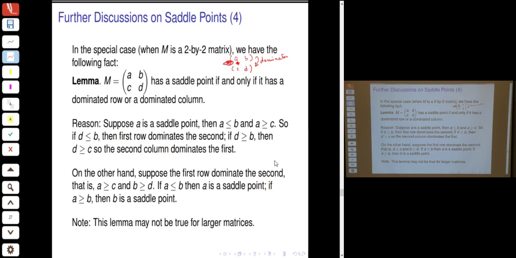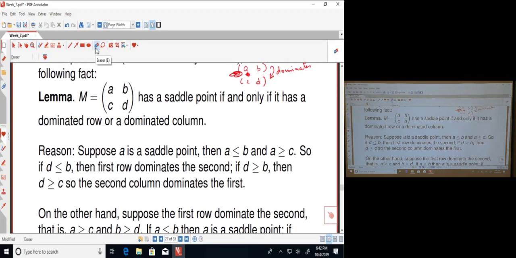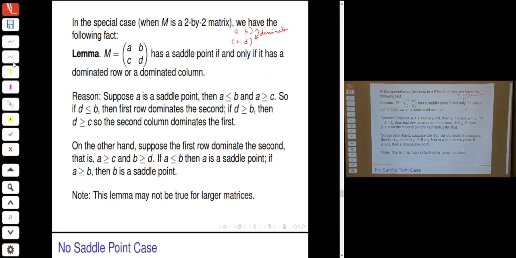So if A is bigger than or equal to C and B is bigger than or equal to D, so entry-wise there is domination, we say that row (A, B) dominates row (C, D).